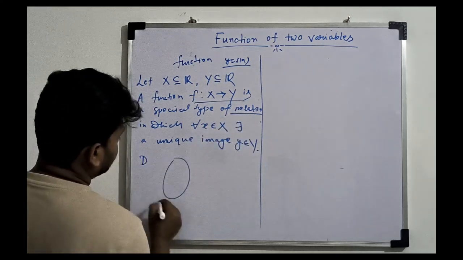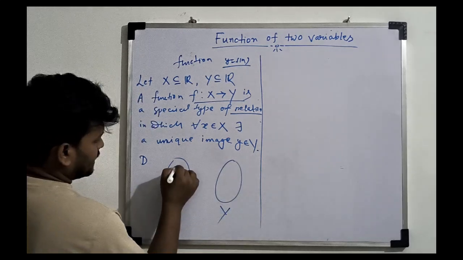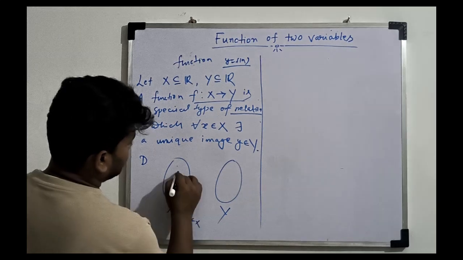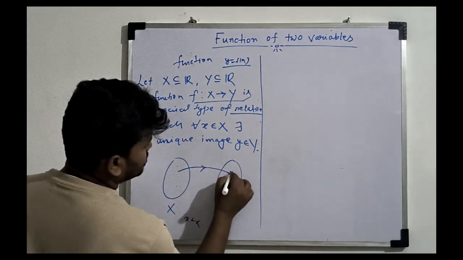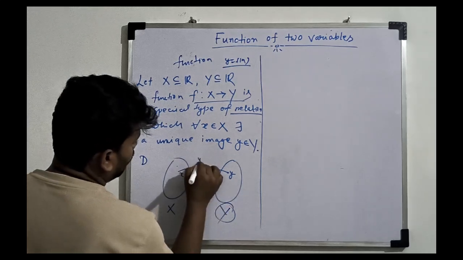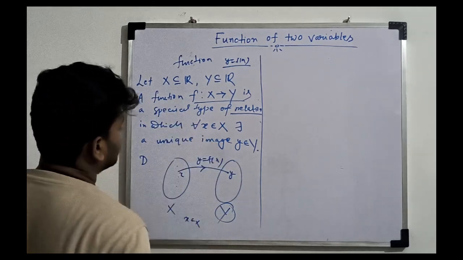So if this is X and this is Y, a subset of R, then for each element of this set X, there is a unique image y belonging to this set by some rule y equal to f(x). Then we call this a function.